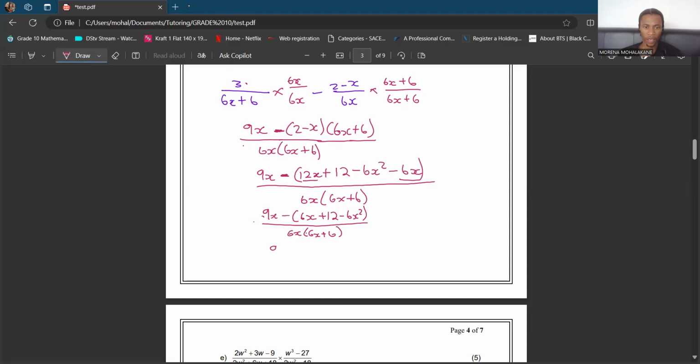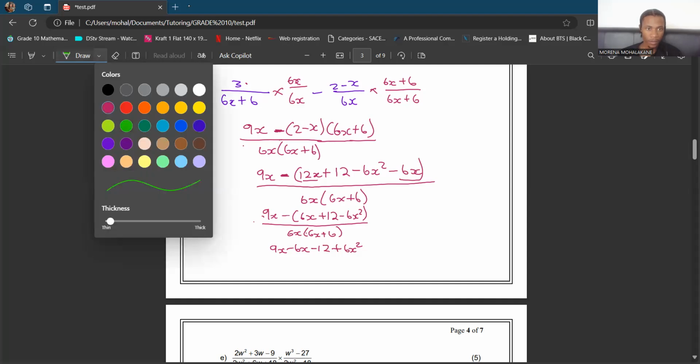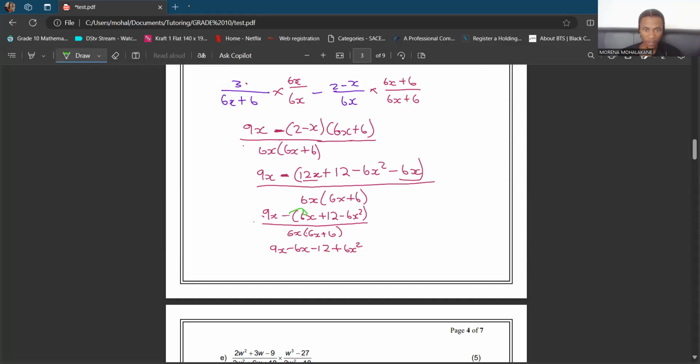Good. Now I have 9x minus 6x minus 12 plus 6x squared. The negative affected this, as well as that. That's why they've changed.